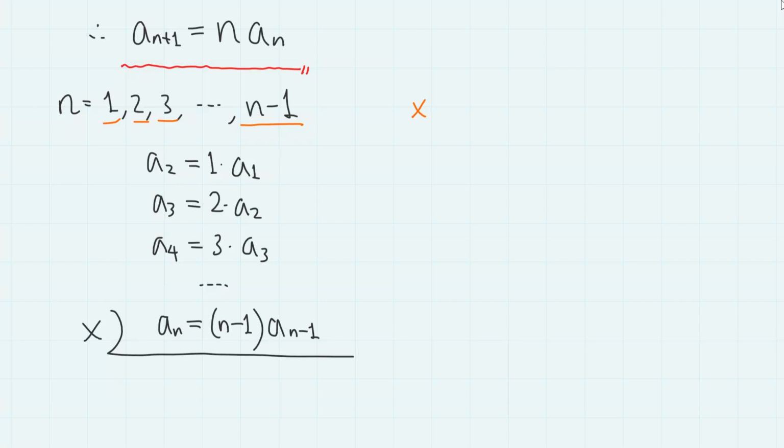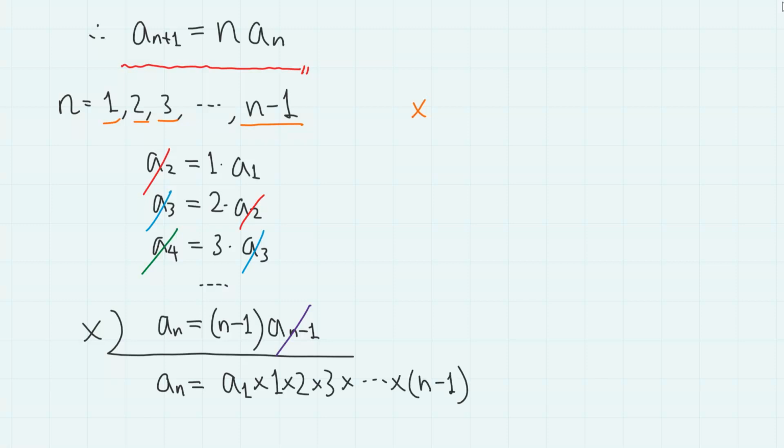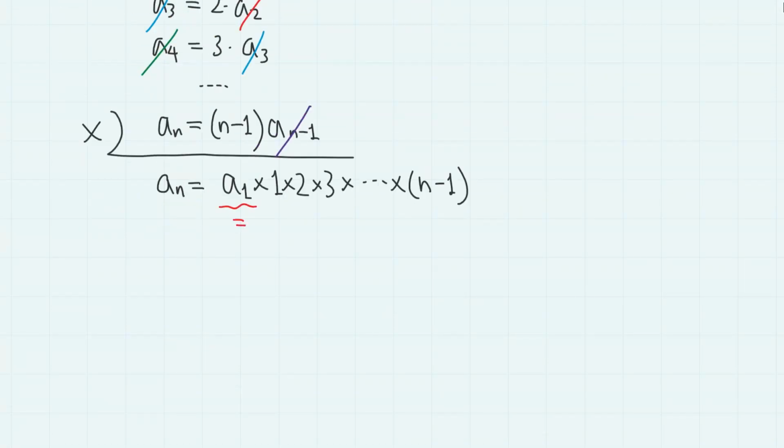So multiplying them all, we have terms cancelled out, and we obtain a_n equals a_1 times 1 times 2 times 3 times so on, times (n minus 1). And since a_1 equals 1, we simply have a_n equals (n minus 1) factorial.